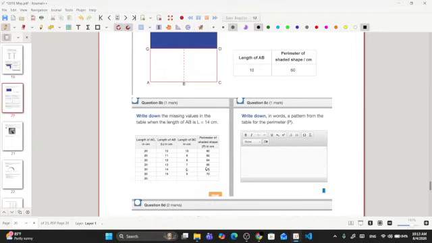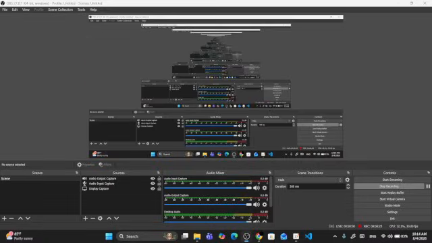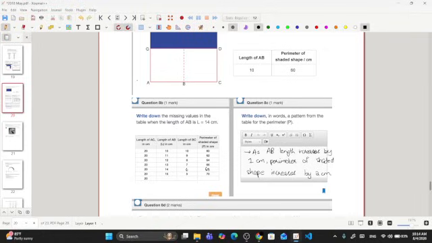So we can say as AB length increases by 1 centimeter, the perimeter of the shaded shape increases by 2 centimeters. Make sense? Yep. That's great.